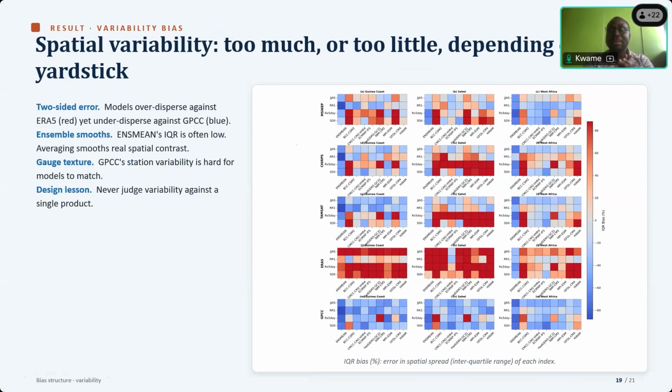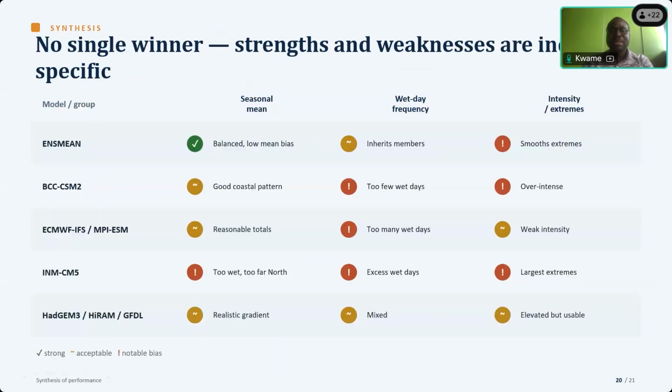CHIRPS and TAMSAT consistently sort of complement each other. Now, both products are infrared, satellite derived. However, CHIRPS incorporates some station data to balance it. What this synthesis is telling us is that with models like the BCC, the ECMWF, and the INM, whenever you are comparing for the wet day frequency, there are too many wet days compared to the reference data that we dealt with.